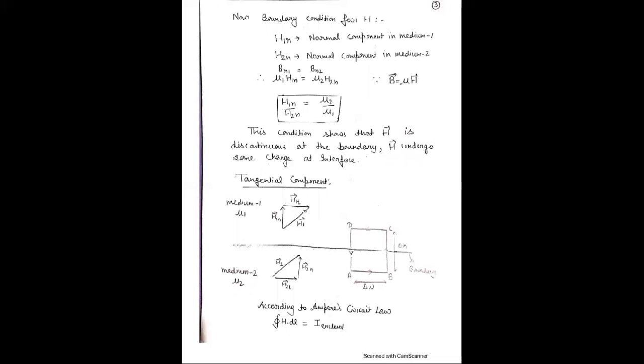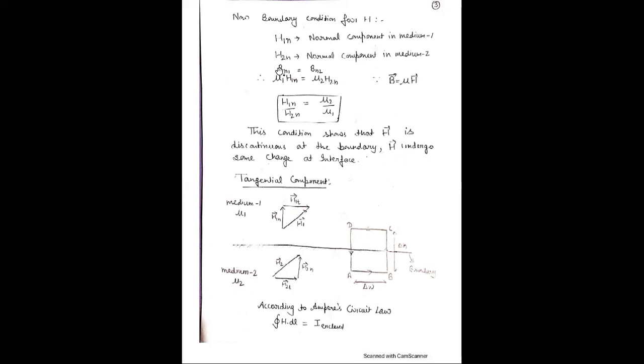Now, boundary condition for H. H1n is the normal component in medium 1. H2n is the normal component in medium 2. And we know that B1n is equal to B2n because the normal component of B is continuous across the boundary.